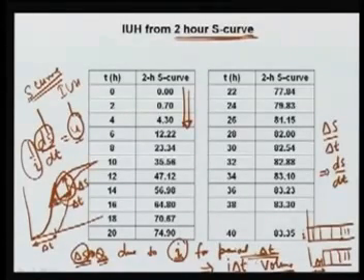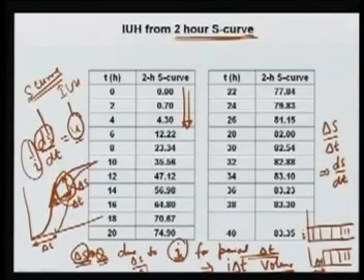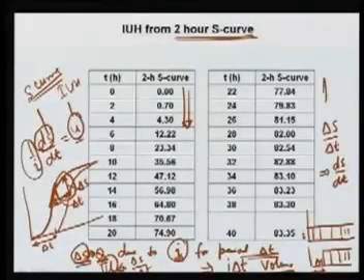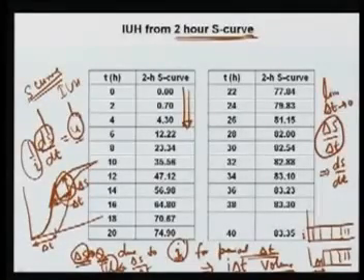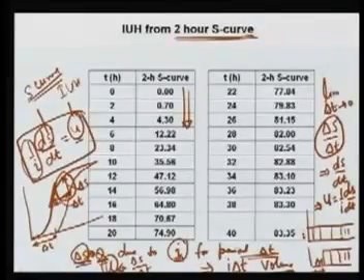Since we want a volume of unity, delta S over I delta t will give us the instantaneous unit hydrograph ordinate U. So U will be equal to delta S divided by the volume of rain, which is I delta t, and therefore in the limit delta t tending to 0, delta S by delta t will tend to ds by dt, and therefore U will be 1 over I ds by dt, which is what is written here.